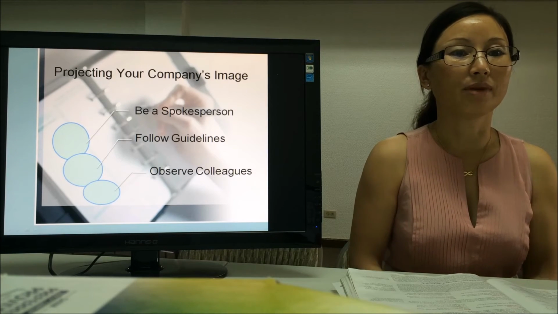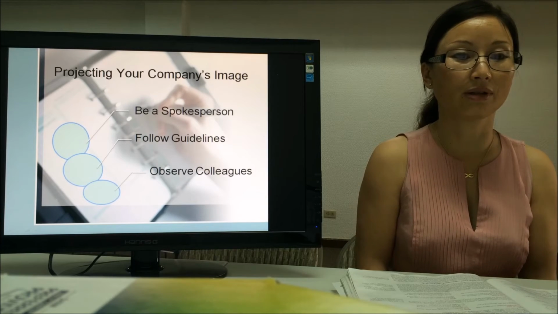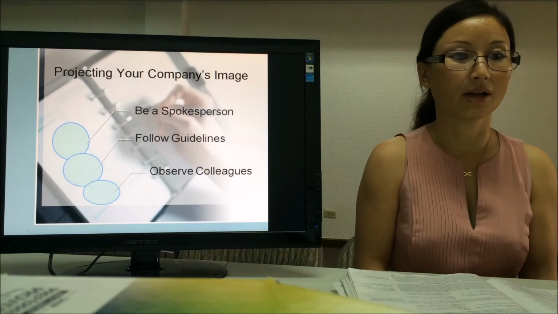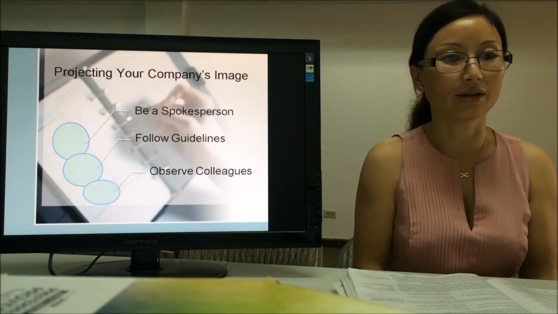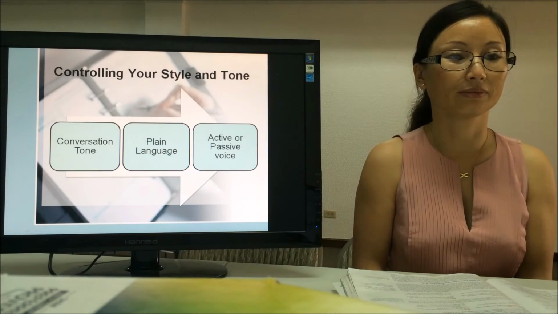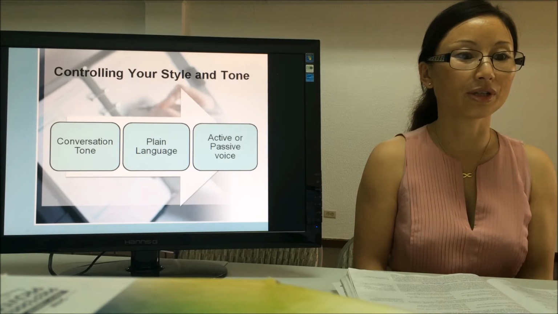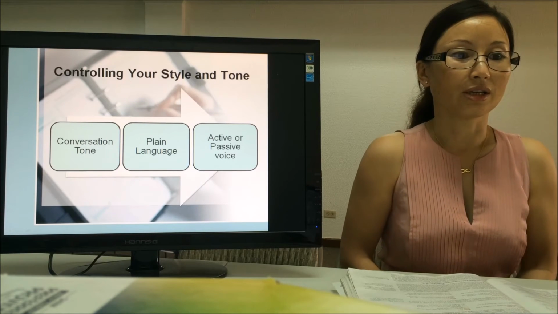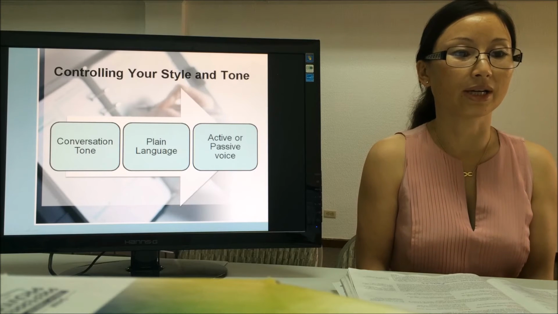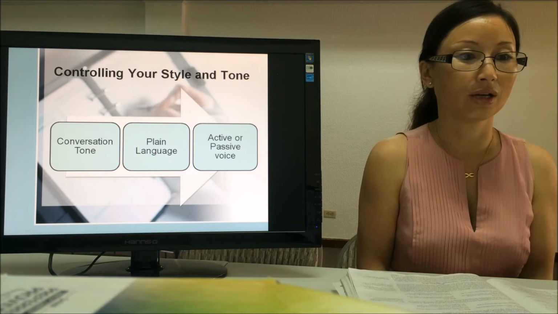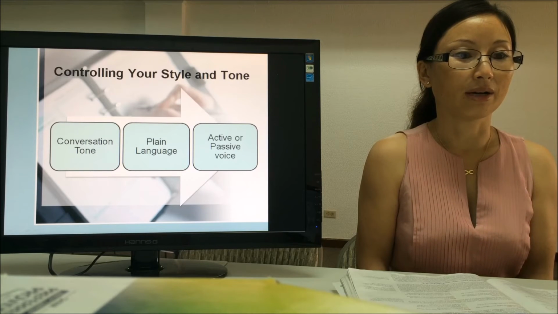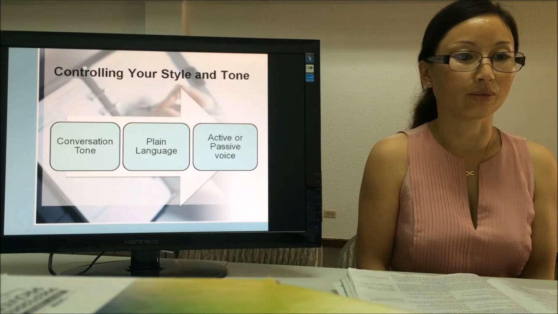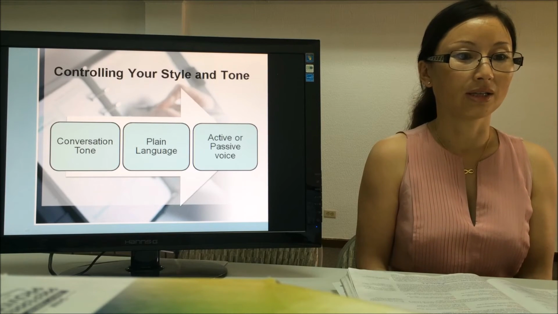Projecting your company's image. Be a spokesperson, follow guidelines, observe etiquette. Communication style involves the choices you make to express yourself, the words you select, and the manner in which you use these words in sentences.